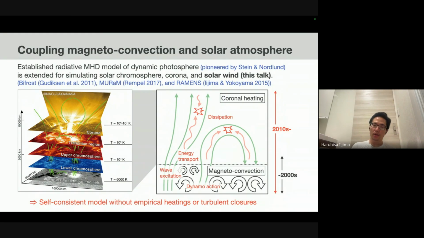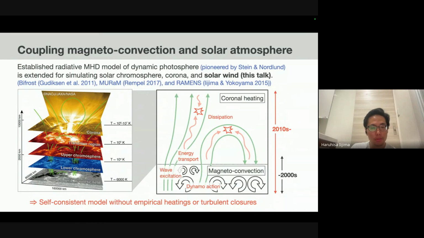By solving the near surface convection or magnetic convection and the upper layer in the same numerical box, we can mimic the dynamo action in the solar convection zone, wave excitation by the interaction between the magnetic field and thermal convection, the energy transport into the higher atmosphere, and the dissipation in the same numerical box.